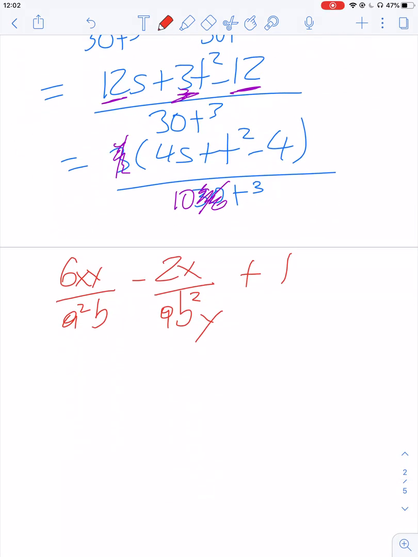So again, let's compare this denominator to this one. What am I missing? I am missing a b, right? So I'm going to multiply this by b to get b squared, and then this will have to get multiplied by b. So now I have the b squared, but I'm also missing the y.